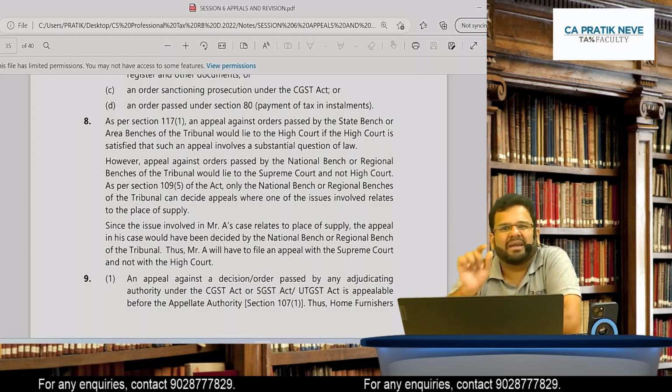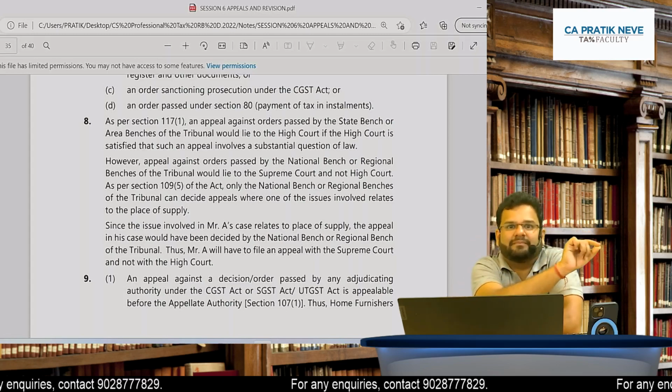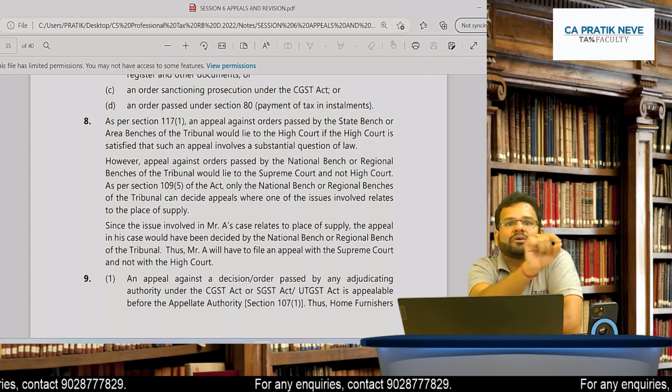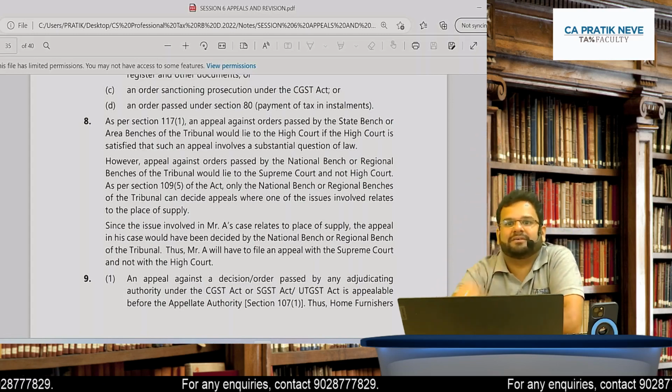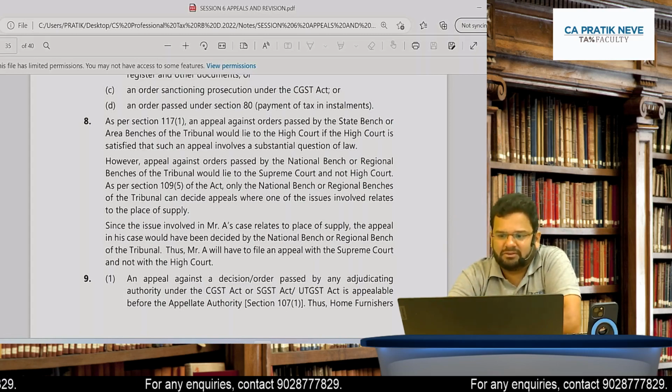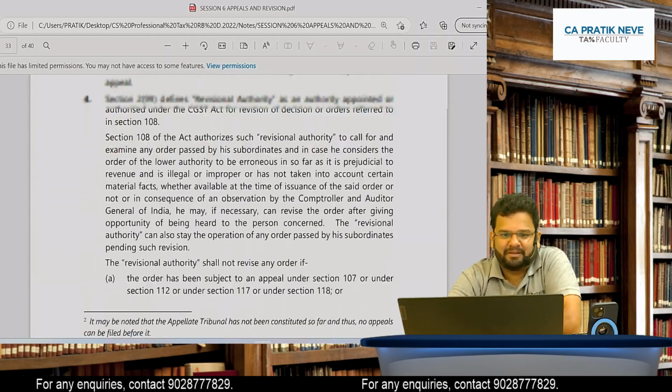Clear? Now, again, going to the High Court is just like going to a parallel authority. You don't want to go to a parallel authority to the national bench, regional bench. You're going to a higher authority. Higher authority is the Supreme Court. Clear, all of you?